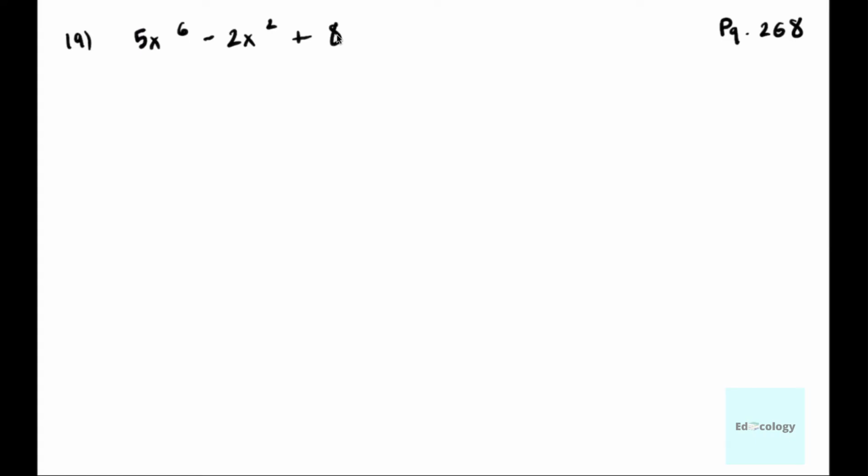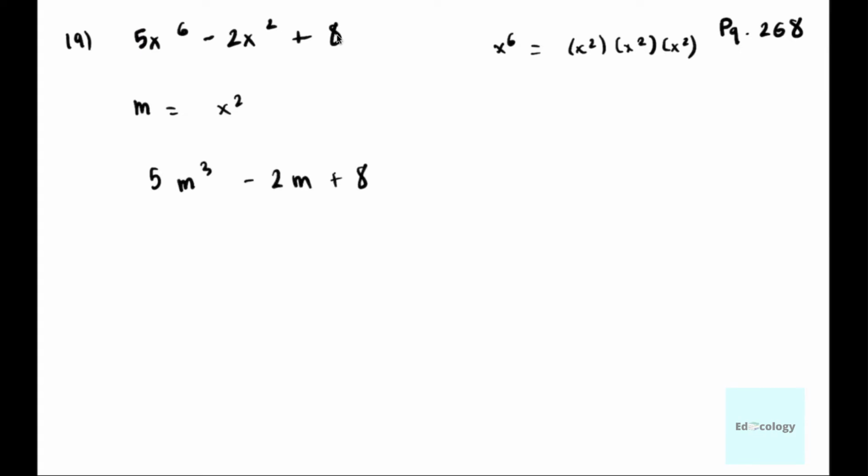Let's say we choose m as x squared. Okay, and we know that x to the power 6 is x squared times x squared times x squared, right? Okay. And that will be 5m cubed minus 2m plus 8.